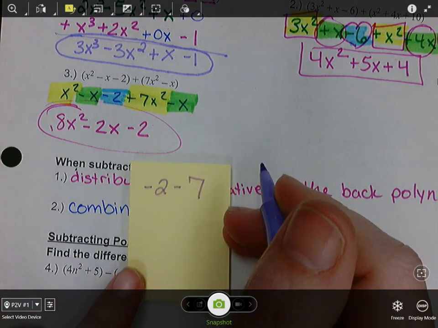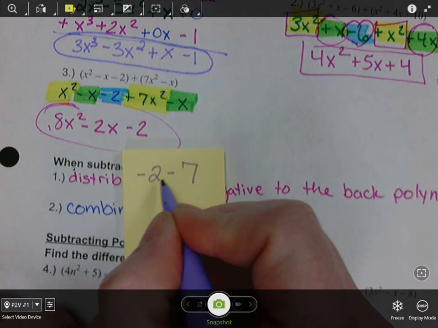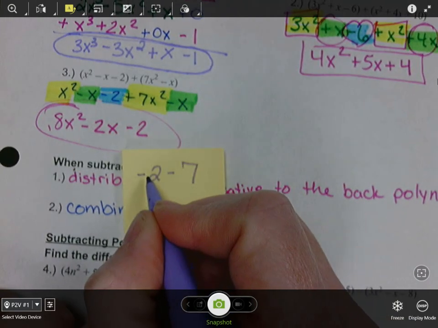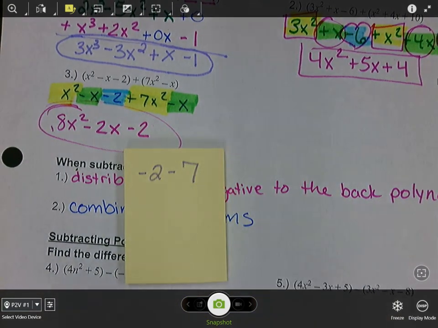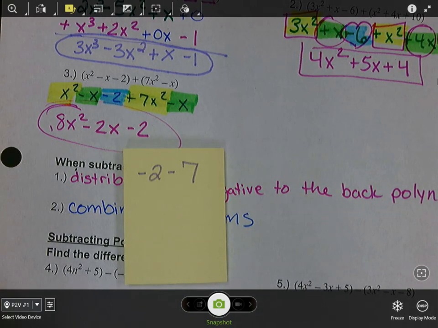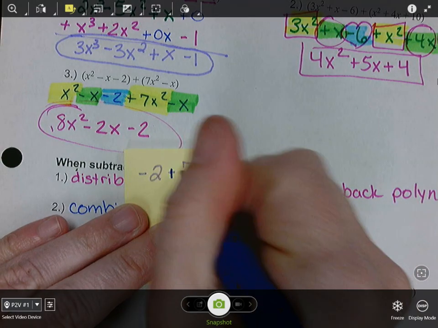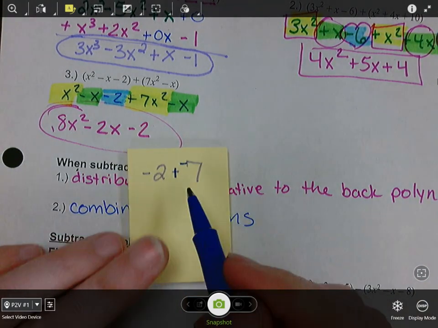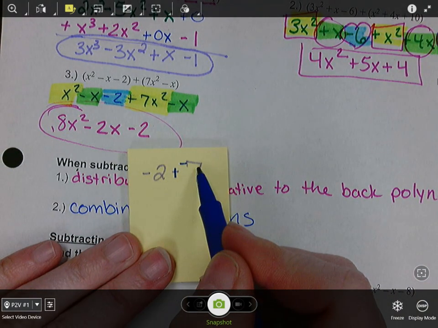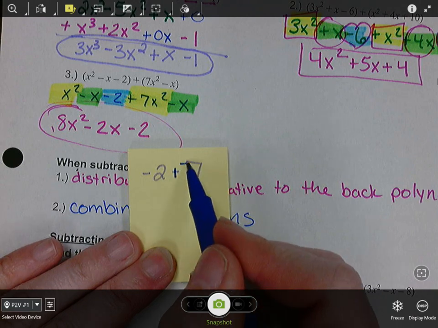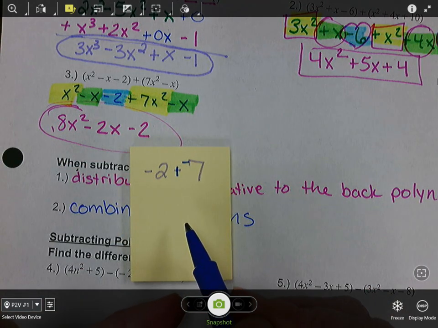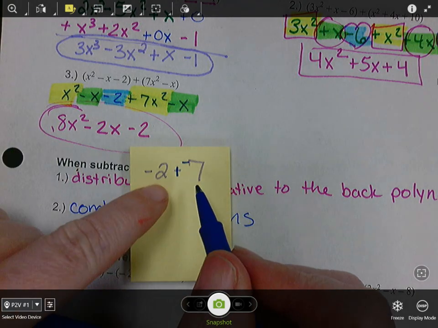Back in elementary school, they showed us keep, change, change. Keep the first number, the sign it is, change your subtraction to addition, and then change the sign of the back number. So that's keep, change, change. So now instead of -2 minus 7, it's -2 plus -7, and then you use the same rules you use for adding integers. That's a lesson all the way back from 7th grade.